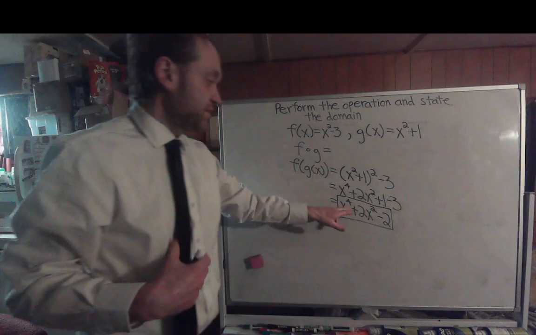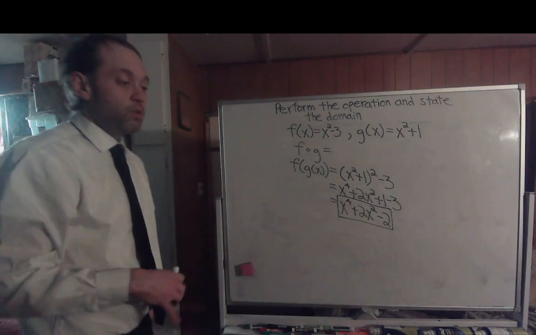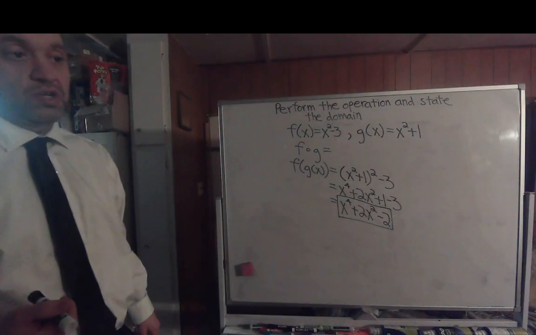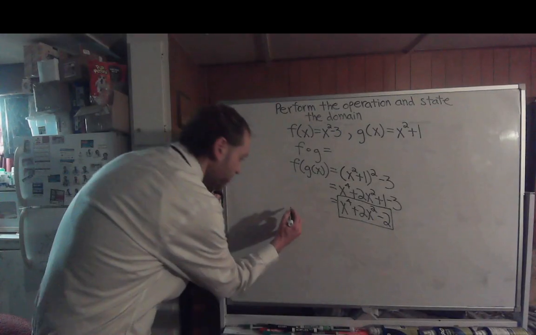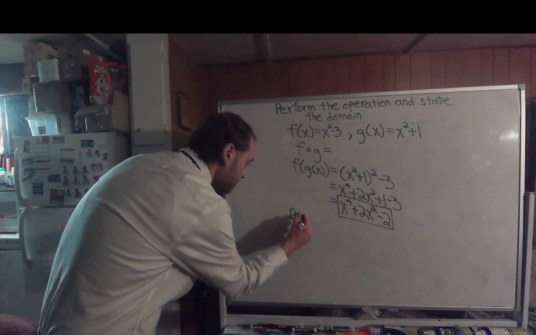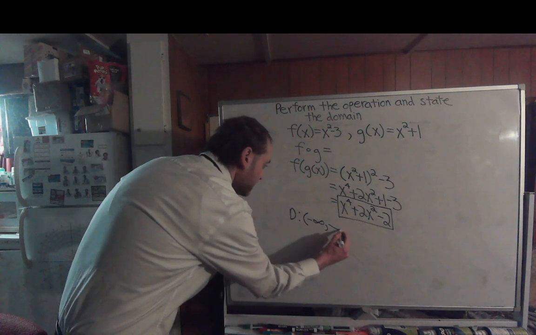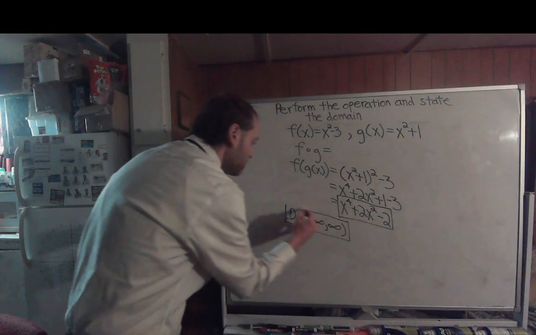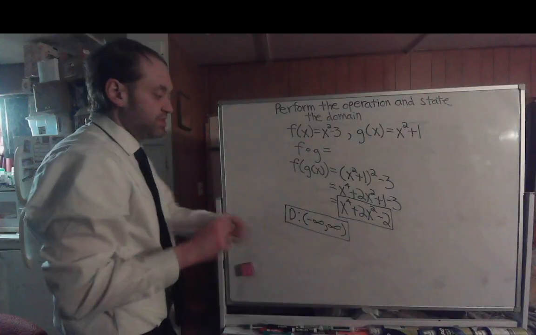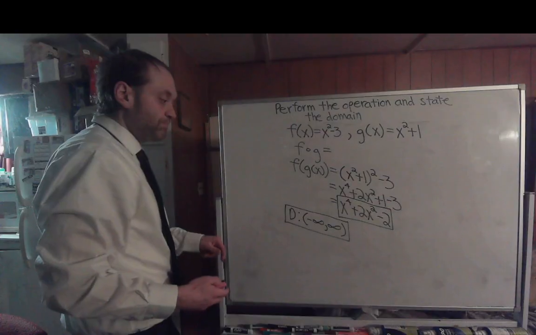Now, what is the domain of this function? Well, it's just a standard fourth degree polynomial, so the domain's the entire set of real numbers. It would literally be from negative infinity to infinity. There's nothing for which this isn't defined in the real numbers.